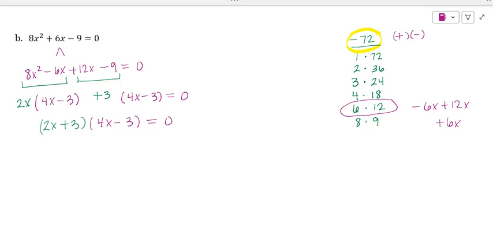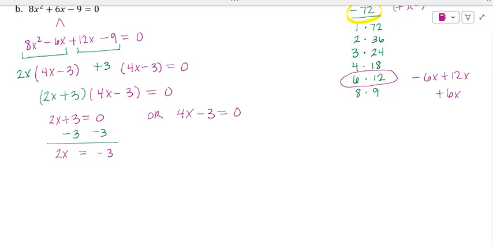We have that either 2x plus 3 is equal to 0, or 4x minus 3 is equal to 0. For the first equation, let's subtract 3. And then we'll divide by 2.